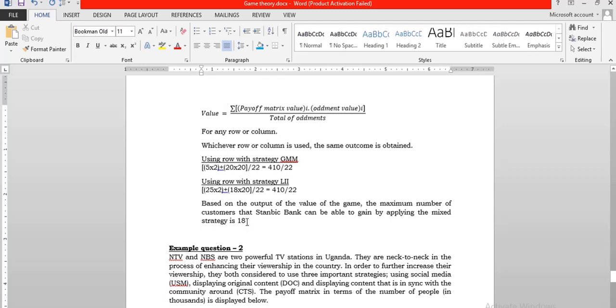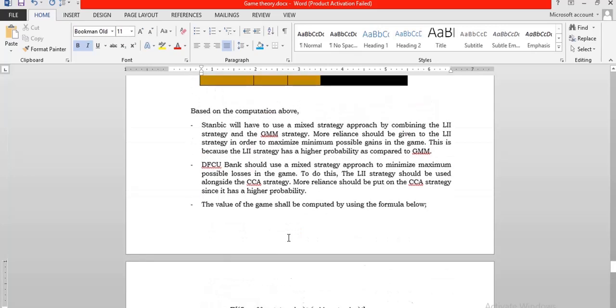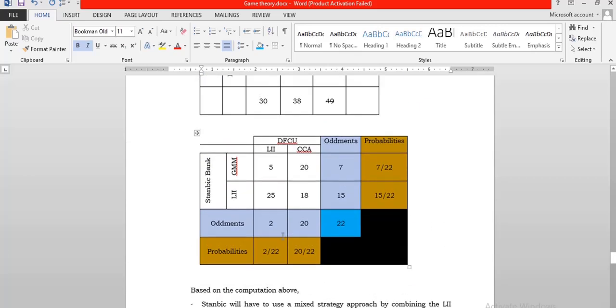All right. Now this becomes our final position as far as Stanbic Bank is concerned. And as you can see, the strategy for DFCU also has changed. Previously, when our focus was on DFCU, we had a pure strategy. But now, when our focus changed to Stanbic Bank, we no longer have a pure strategy.